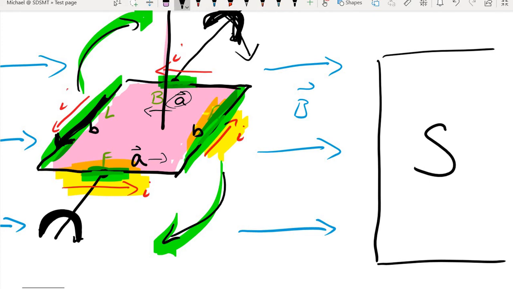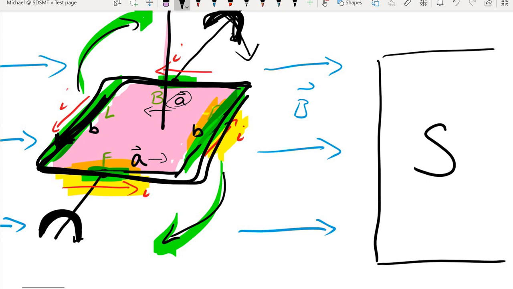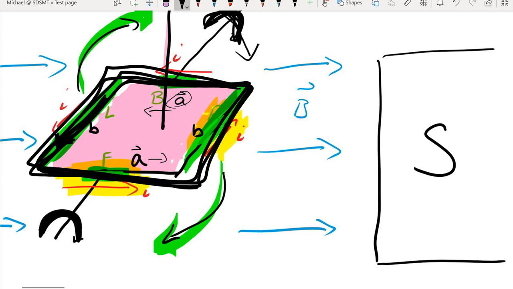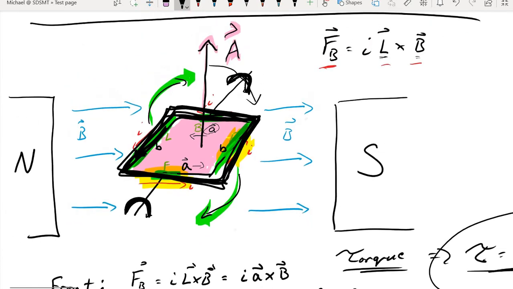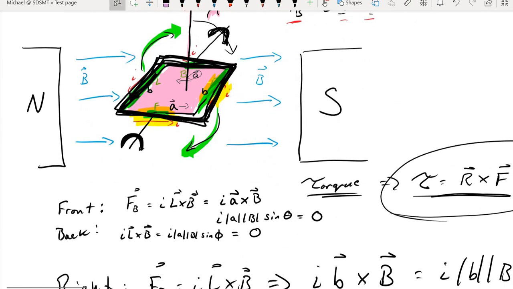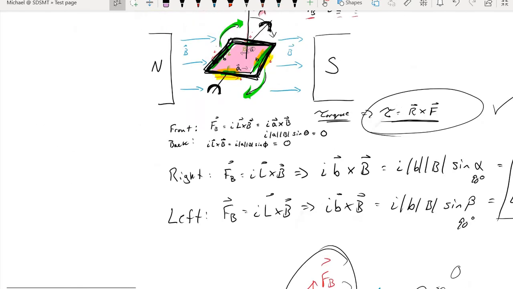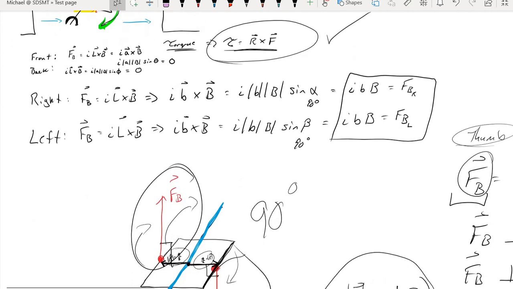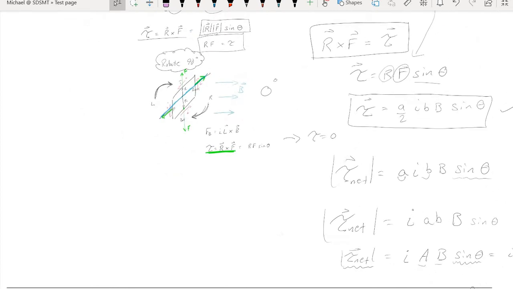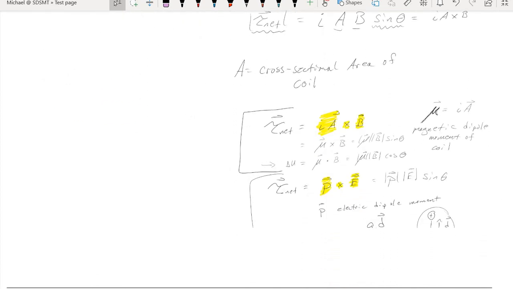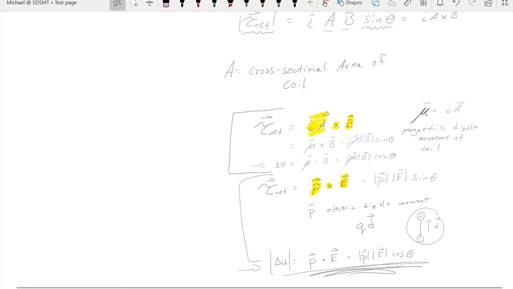Why can't we have multiple loops that go around this coil? And every time we have current going around this loop, that's another combination of forces that are going to contribute to the rotation, which in turn will produce torque, which in turn will contribute to the final expression here.